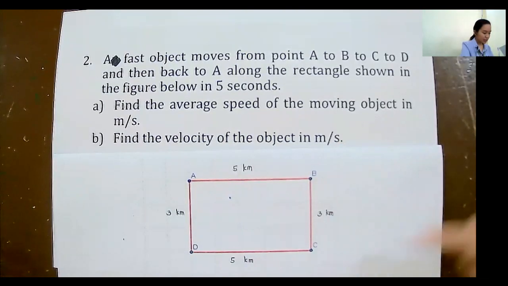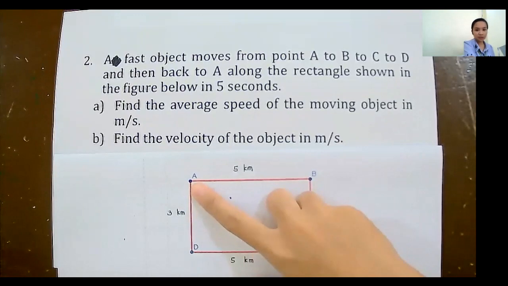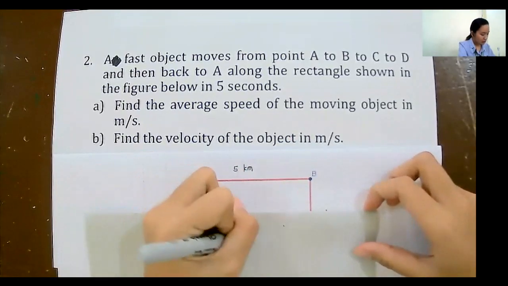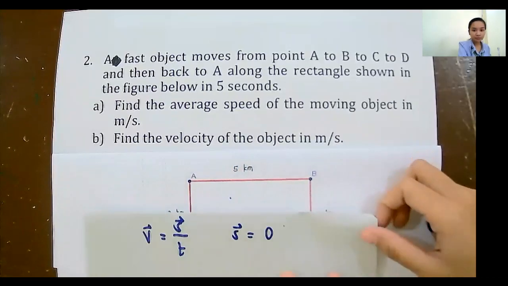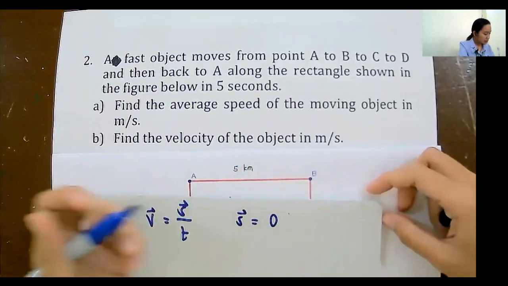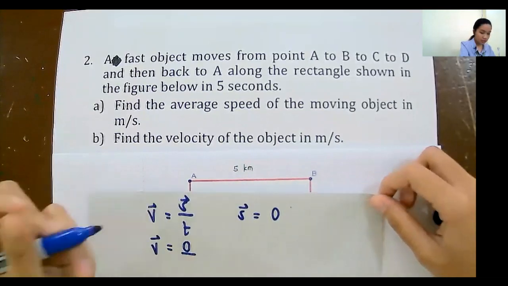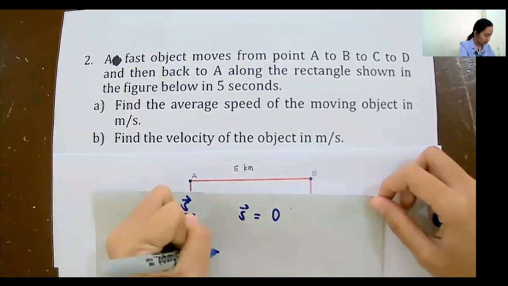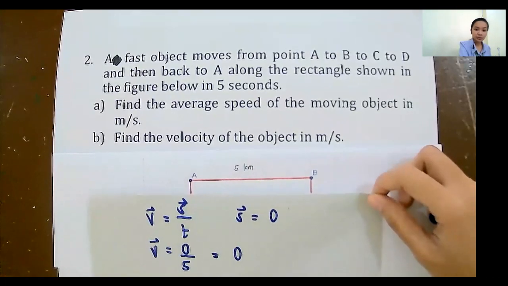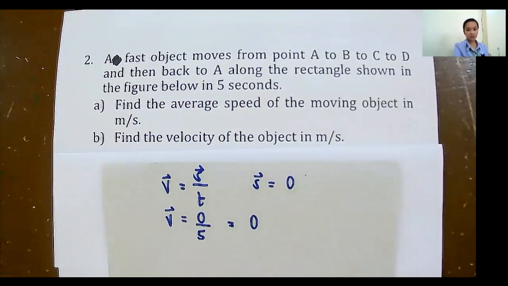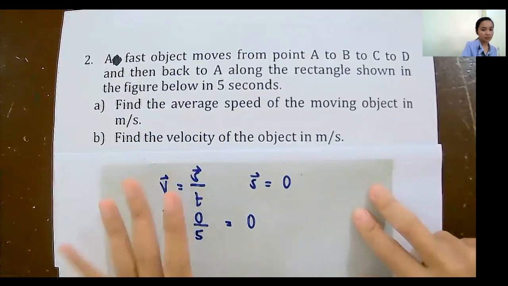Since the object went back to its original position, it is understood that your displacement is equivalent to 0. Since displacement is 0, your velocity is 0 divided by 5, which gives you 0. So your answer for the velocity of the object is 0.